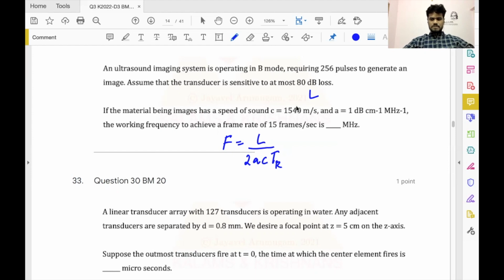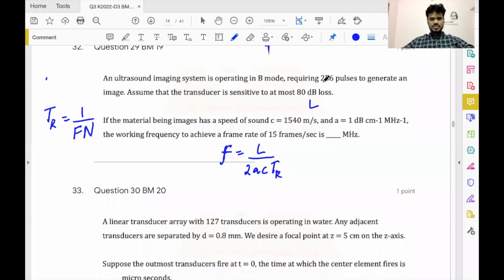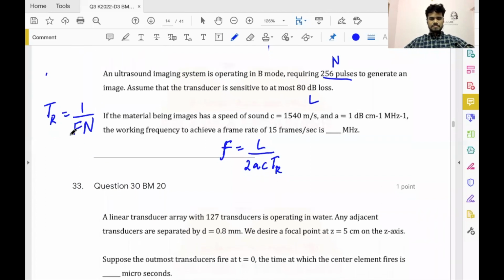So TR is equal to 1 upon F into N for finding TR. Let's write down what is what. This is N. What is this F? The frame rate is capital F. This working frequency is small f.